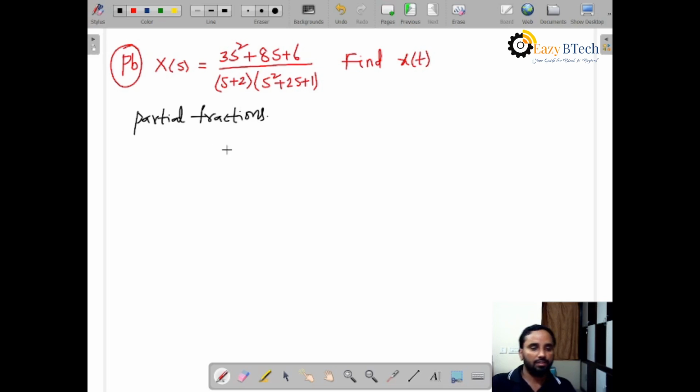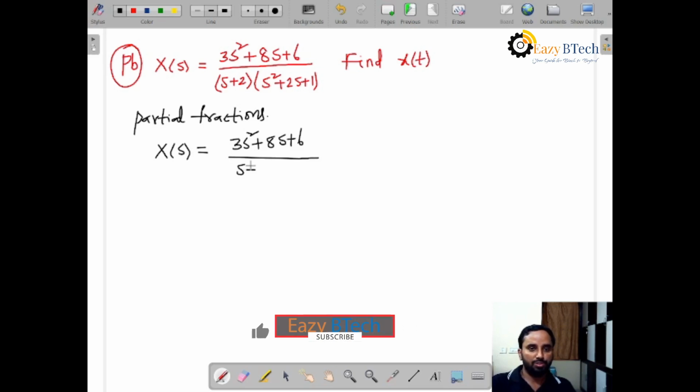Partial fractions. So here, first I am writing x of s is equal to (3s square plus 8s plus 6) divided by (s plus 2), and the denominator here s square plus 2s plus 1 can be (s plus 1) whole square, right or not?